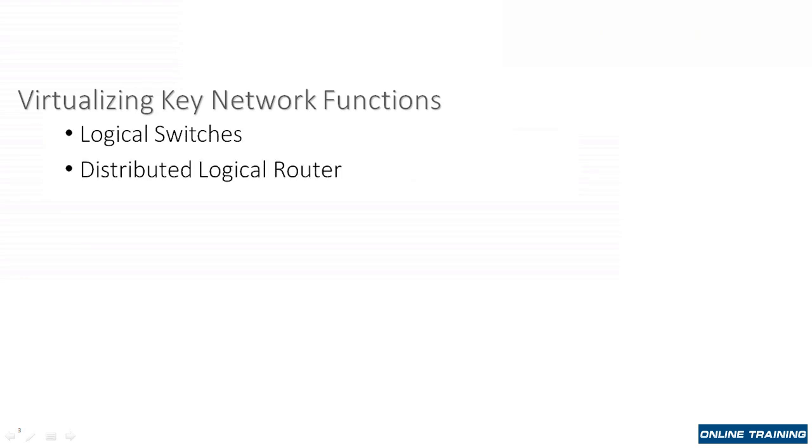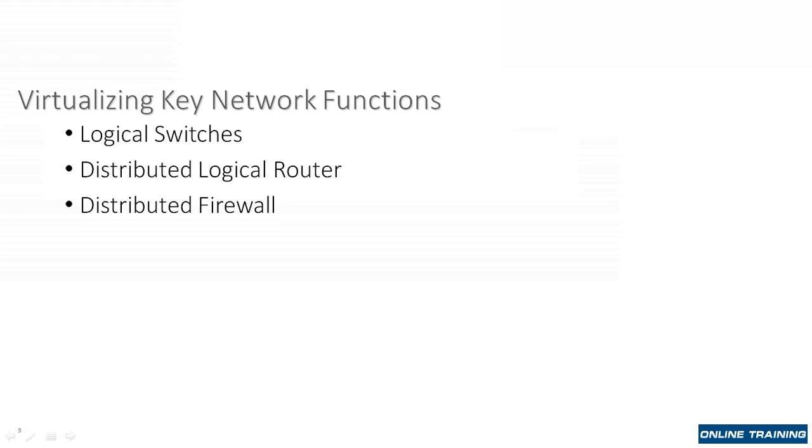Right. So that's the goal of NSX, is to allow us to do things like create logical switches, create logical routers, right? Move that layer 3 routing functionality into a virtual device. Move firewalling into the virtual space as well. And give us this firewall called a distributed firewall that we can apply at an individual virtual machine level.